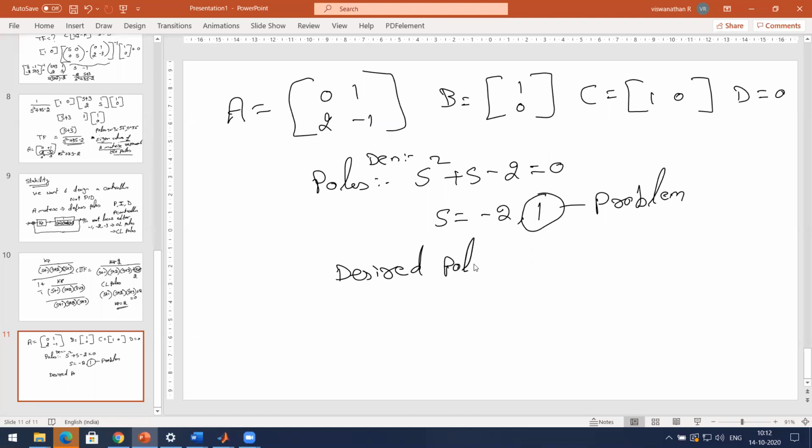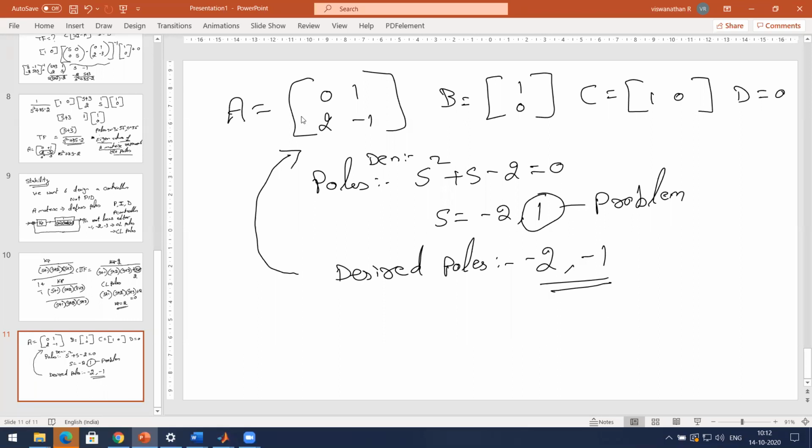The pole should be negative. Suppose I want it as -2 and -1. So what changes do I make to this matrix to get this? That is what we'll be looking at.